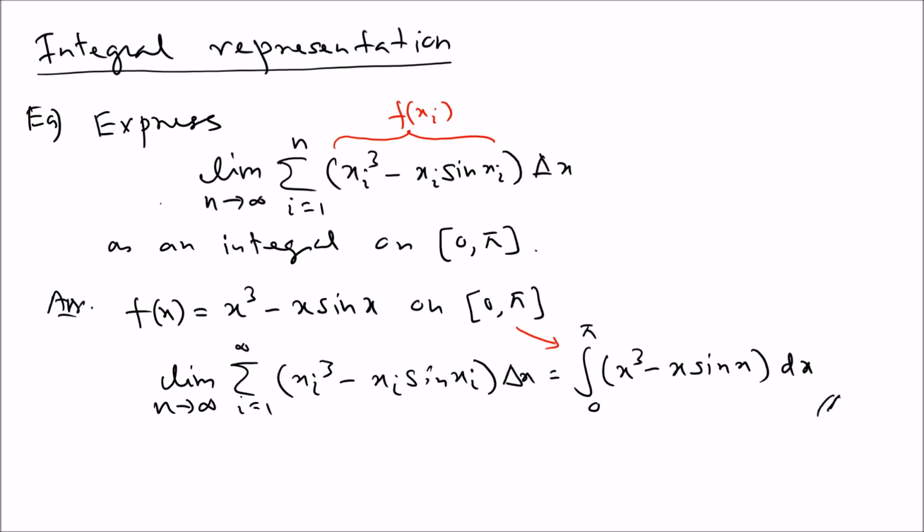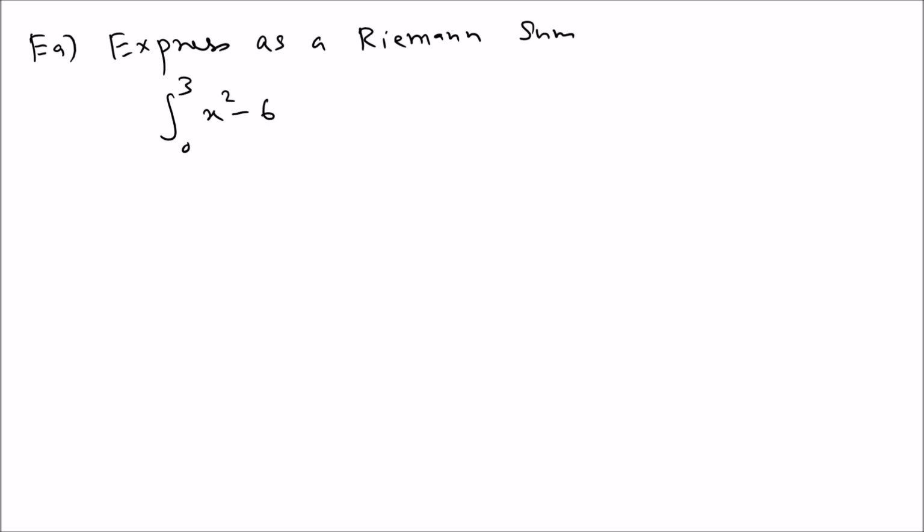Very simple. Now let's try to do the backward. Let's say a problem like this: express as a Riemann sum the integral from 0 to 3 of x squared minus 6x dx.